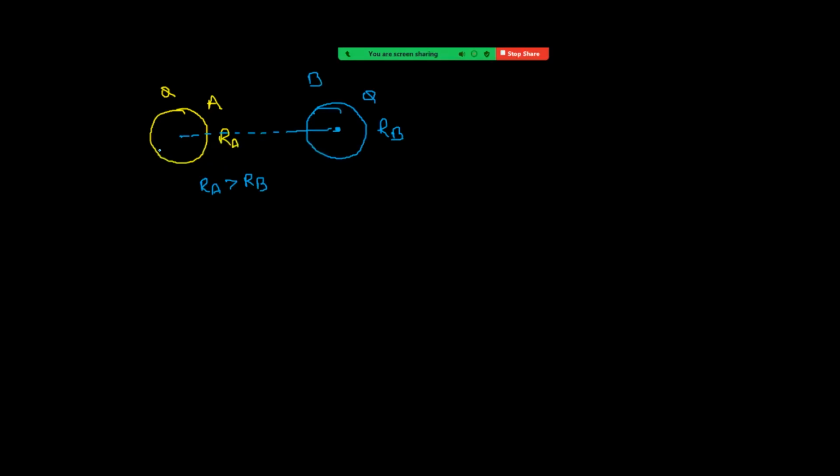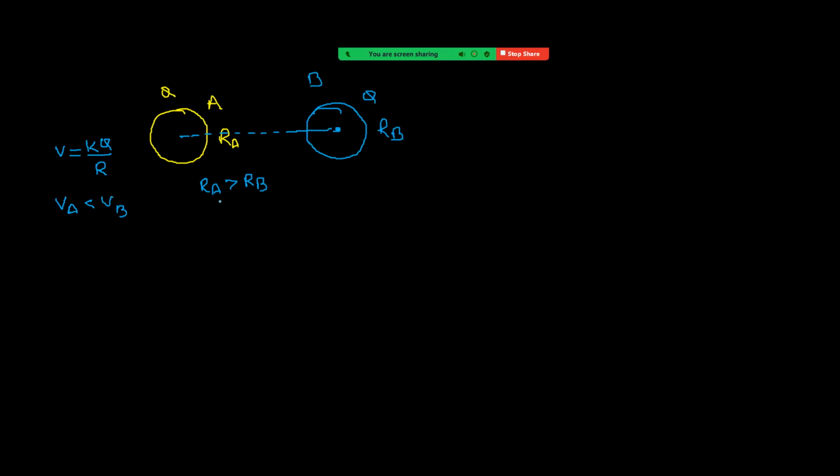And we can see the potential of the conductor is V equal to KQ by R. See, both are given the same charge, Q and Q. But RA is greater than RB, that means VA is less than VB.